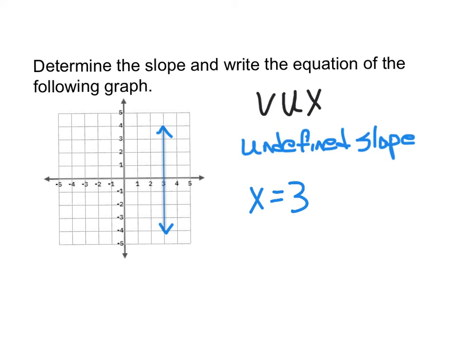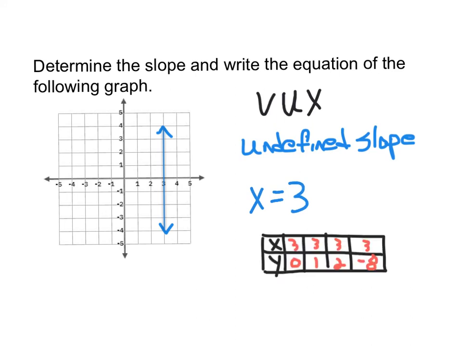And again, if we had a table, you could see that the x is always 3 if we listed the points. So (3, 1), (3, 2), (3, 3), and we go all the way down to (3, -8), and so on, okay?